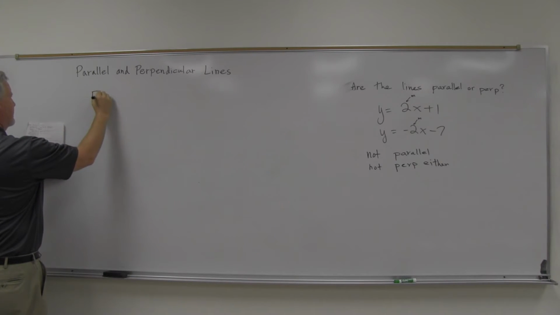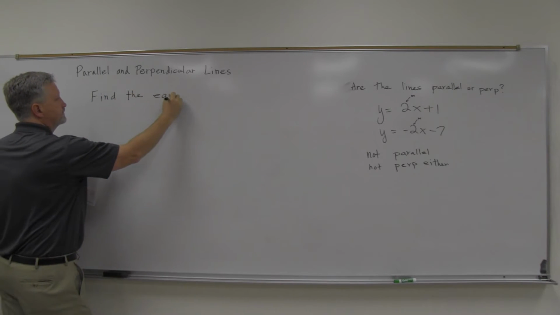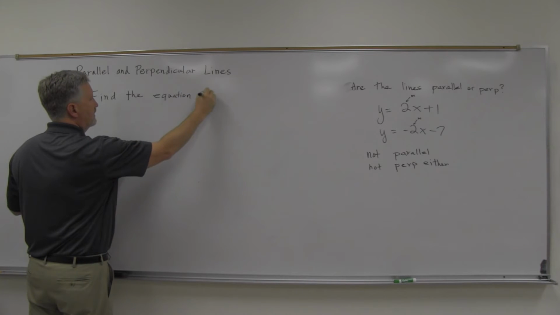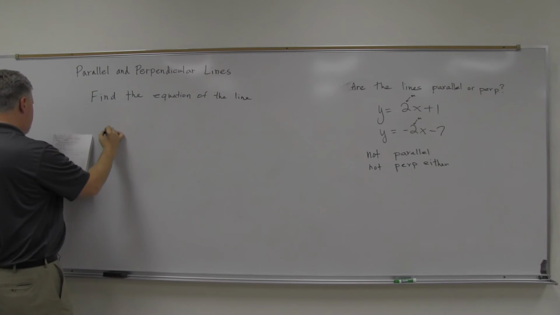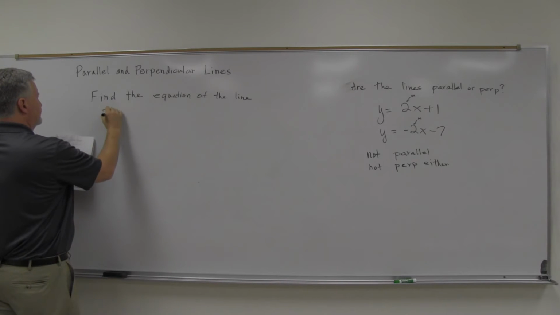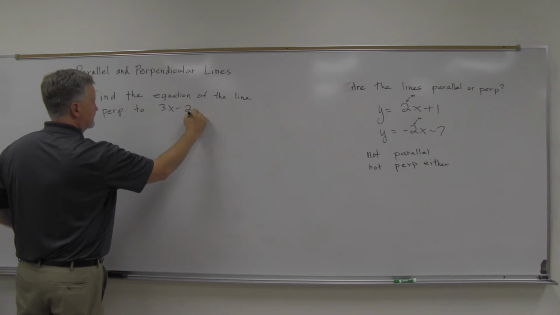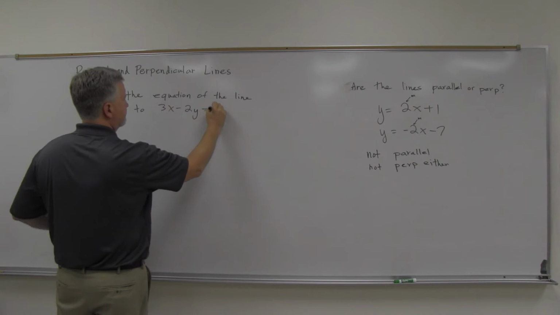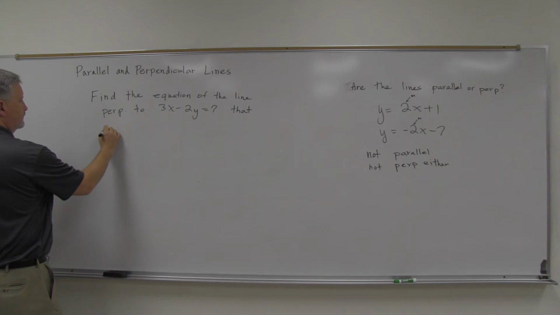So let's find the equation of the line perpendicular to 3x minus 2y equals 7, that goes through (3, negative 8).